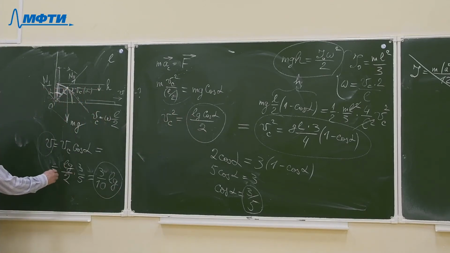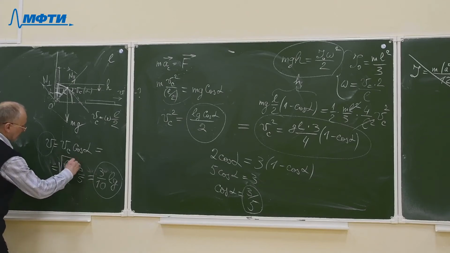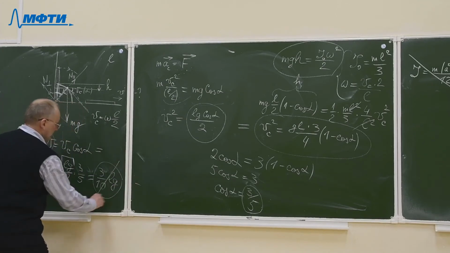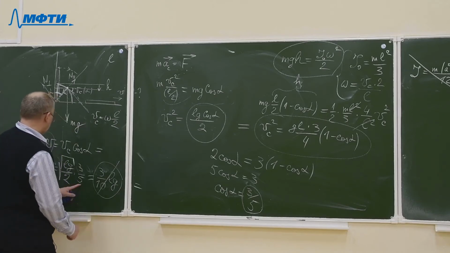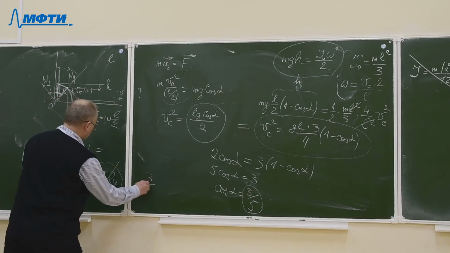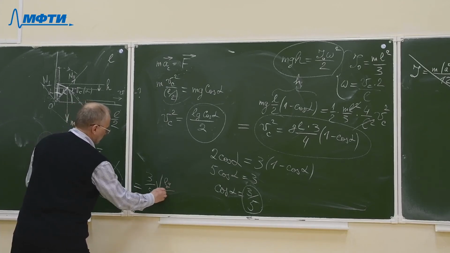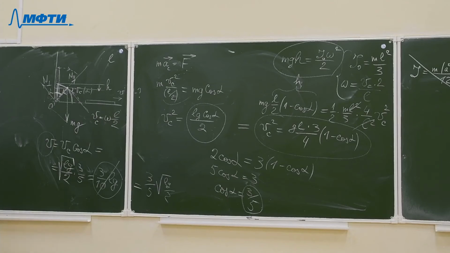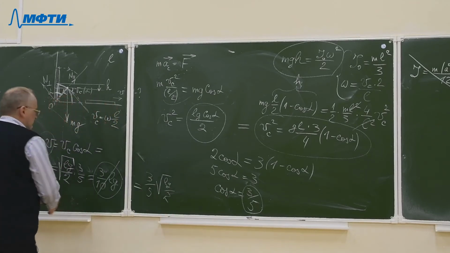So that must be a square root, this one. Here. And cosine will be 3 over 5. So this is not correct. It will be something like 3 over 5 square root Lg divided by 2, right? Yeah, probably so.